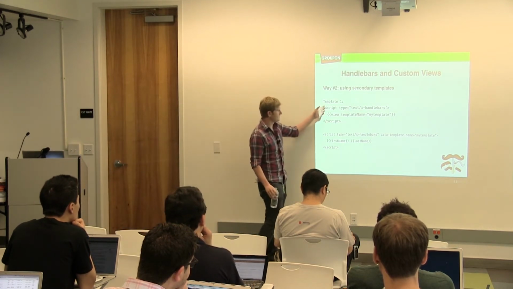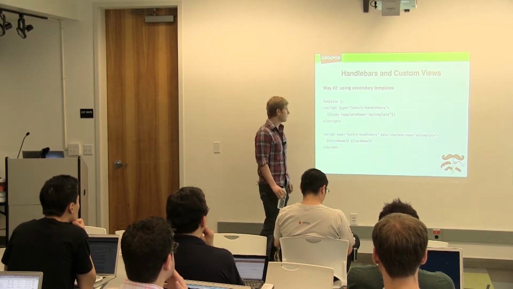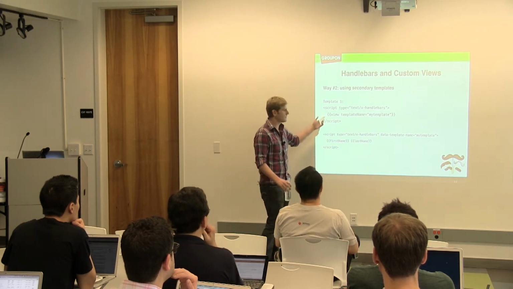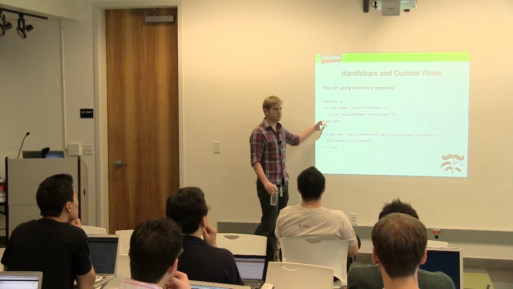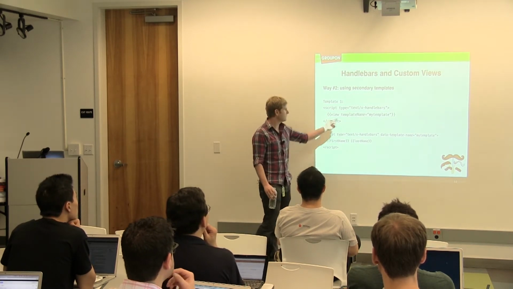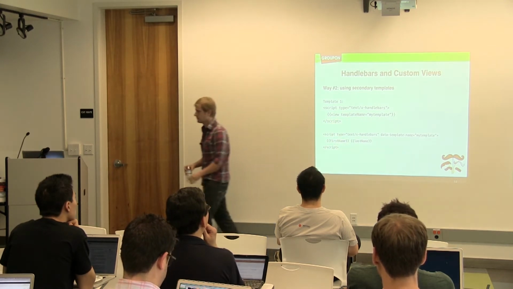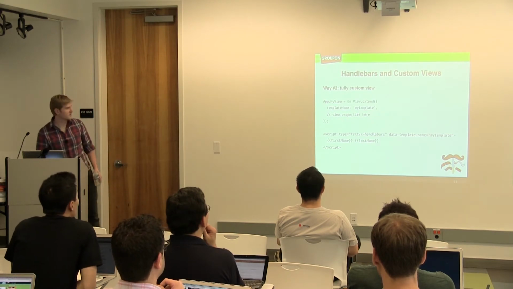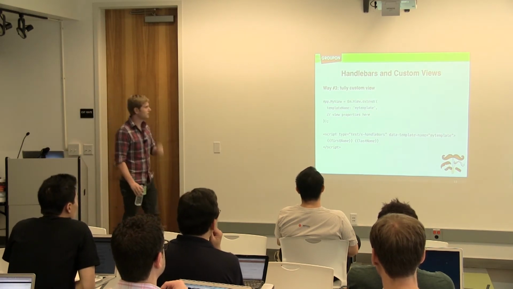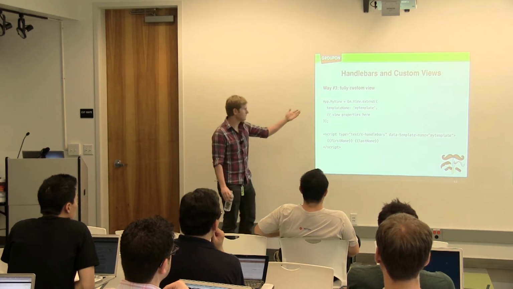I do this a lot because sometimes my templates can be really, really big, and I don't want to have one template that's 500 lines long. So I want to break it out into multiple templates. One way to do that is to have a template name and then have a secondary template. And then if you really want to get custom, you can actually extend Ember view and create a new view, and then you can put whatever you want in there for really custom stuff.